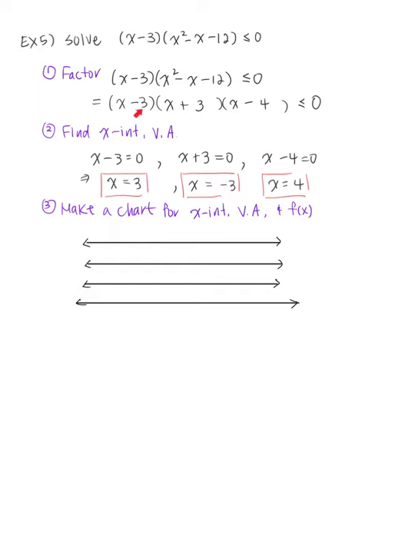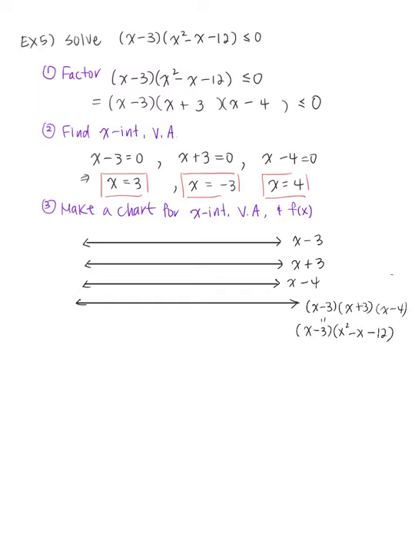We have x minus 3, x plus 3, x minus 4, and our whole entire function f of x is going to be at the very bottom. So let me write this as x minus 3, x plus 3, x minus 4, and the product of all of it, which is exactly the same thing as our function (x minus 3)(x squared minus x minus 12).